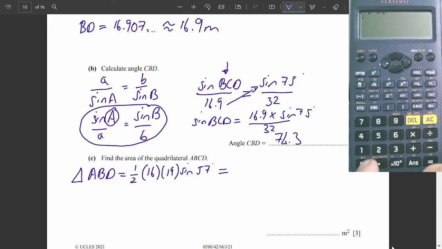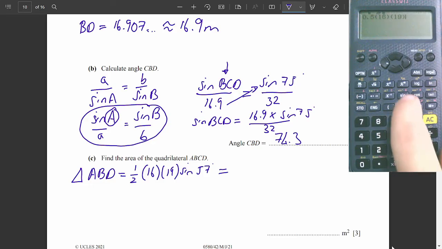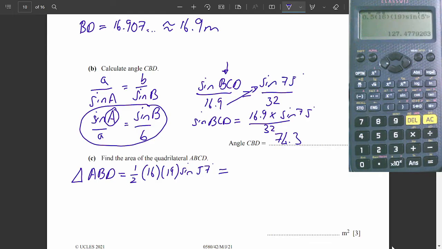So it's a half, 16, 19, sin 57. And we get an answer, 127.477. Put lots of digits down, rounded.